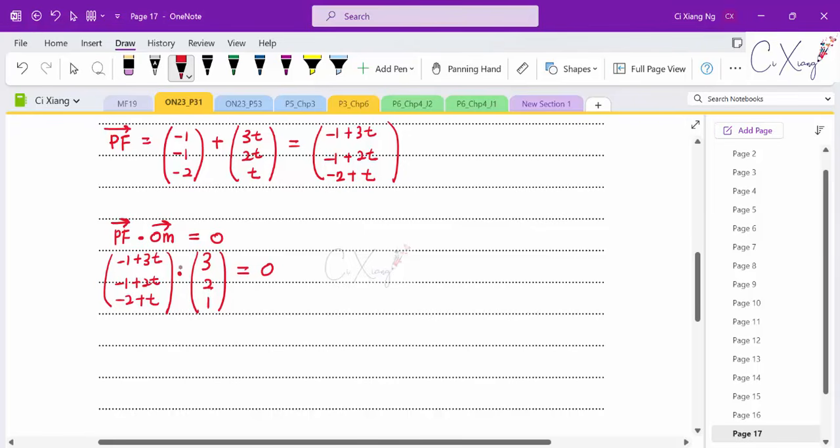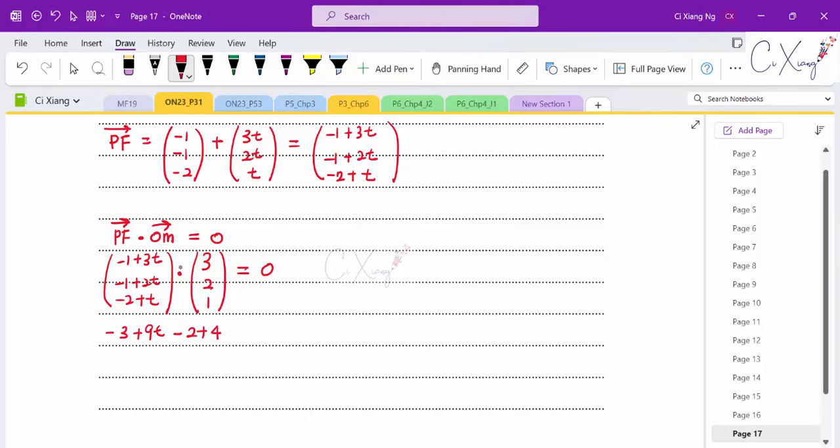If you didn't make any careless mistake, you should have (-3 + 9t) + (-2 + 4t) + (-2 + t) equals 0. Simplify the equation and get the value of t. Therefore t equals a half.